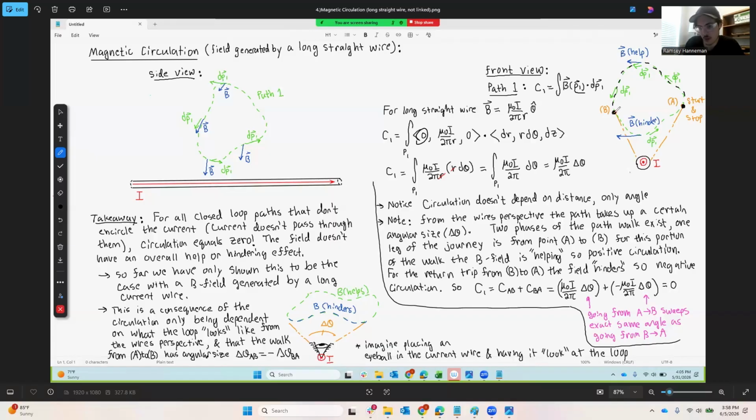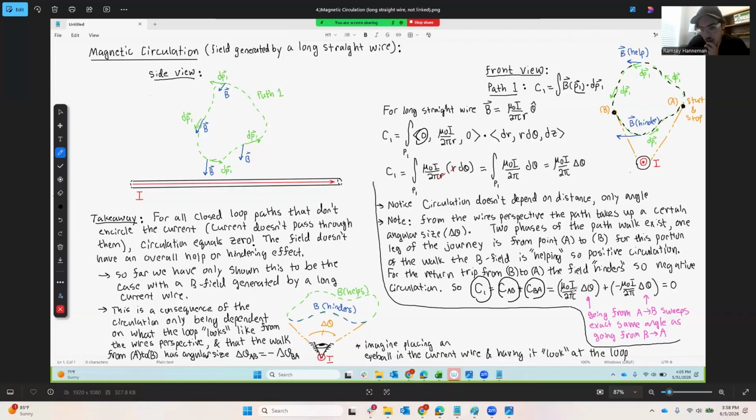And then you get to a certain other point, point B, and walking from B back to A, the B field is now opposing you. And so we really have to break up this integral into 2 steps. The total circulation is going to be the circulation walking from A to B plus the circulation walking from B back to A.